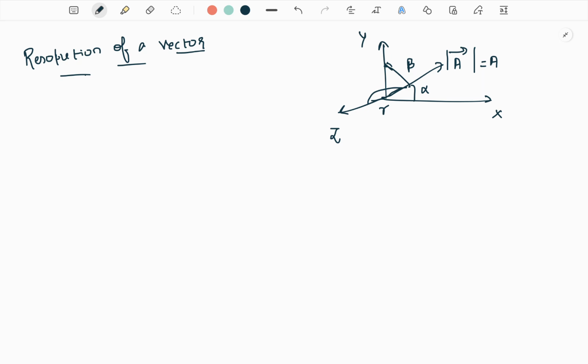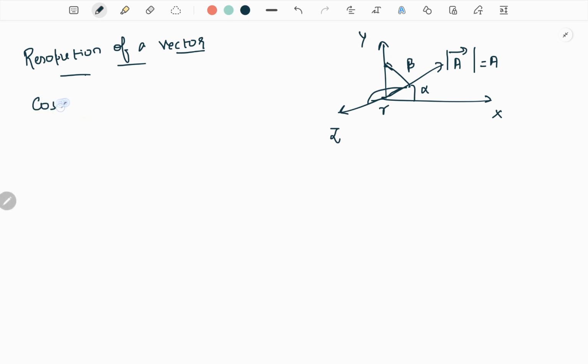If it was in the xy plane, the angle made by that vector with the z-axis would be 90 degrees. So alpha, beta, gamma are the angles made by that particular vector with the three axes.